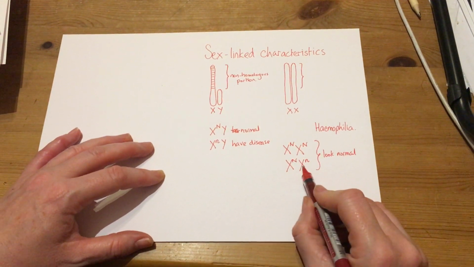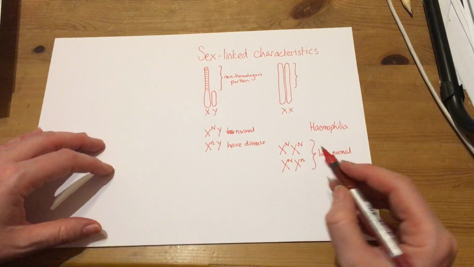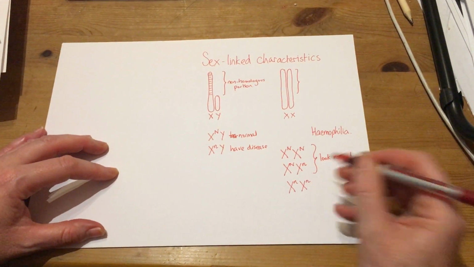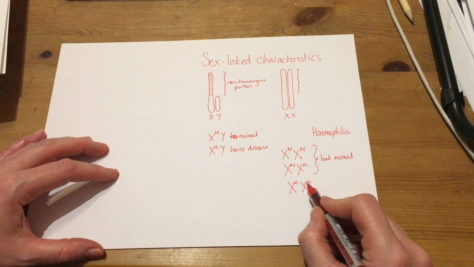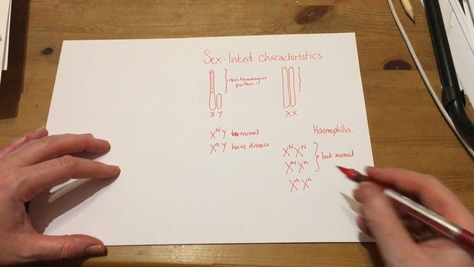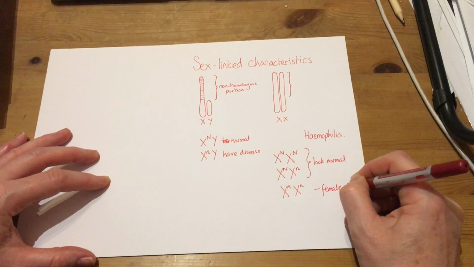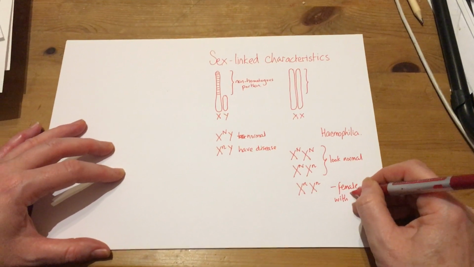So this person is carrying the disease, but they won't show any symptoms. It is possible to get two recessive traits. This person would be a female with hemophilia.